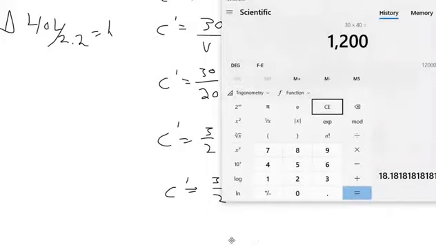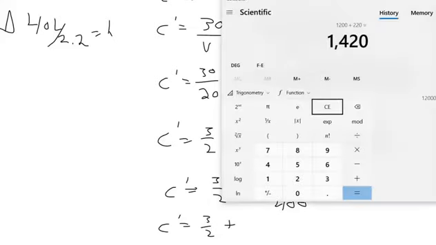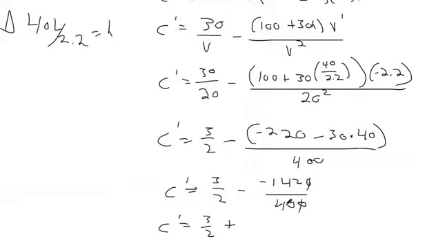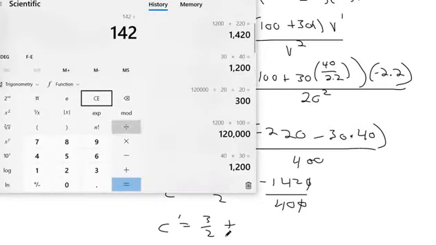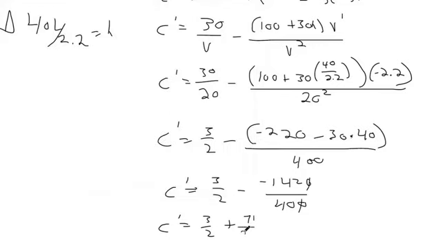Then subtracting by adding another negative 220, so that's negative 1,420 in the numerator. So if we simplify even more, this is now minus a negative, so that's plus 1,420. Can at least divide the top and the bottom by 10. Divide the top and the bottom by 2. So 142 divided by 2 gives us 71 over 20.